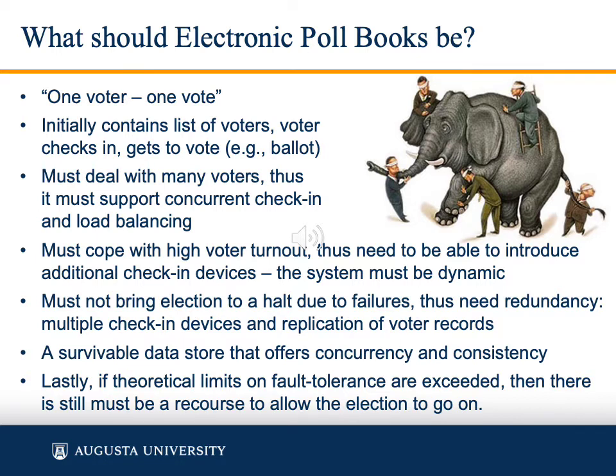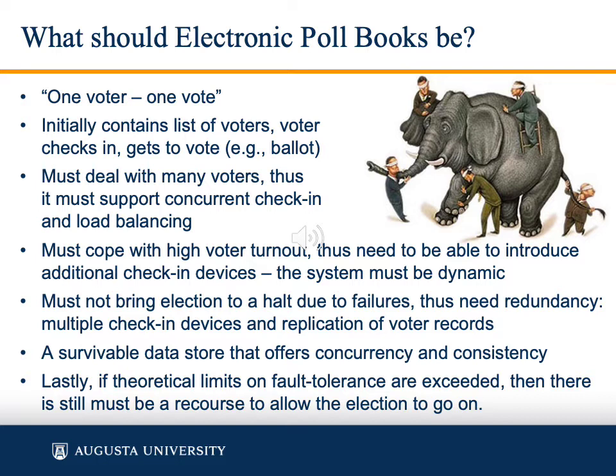Individual check-in devices must be able to be introduced during the election, and the faulty devices need to be removed, and suspicious devices must also be isolated from the system. Clearly, the system needs to be fault tolerant, having no single point of failure.